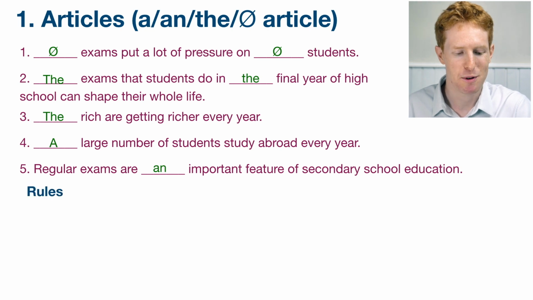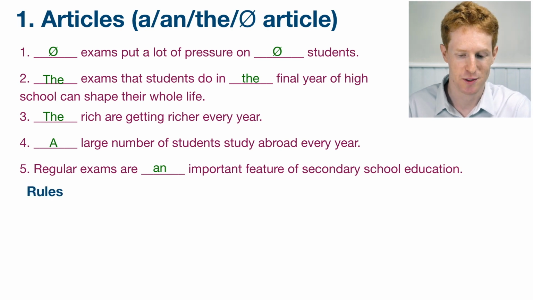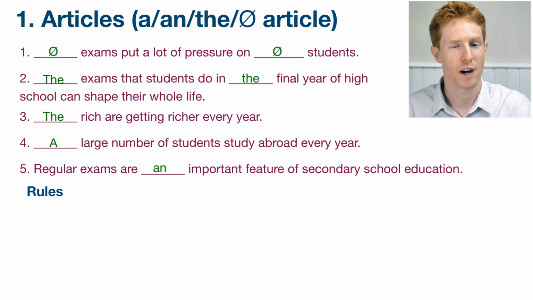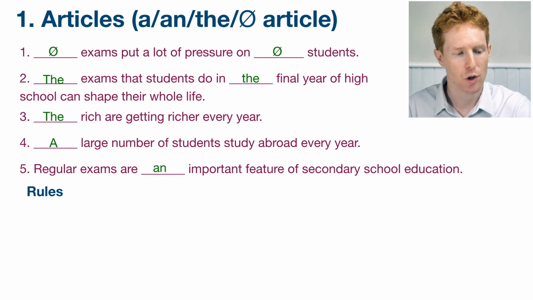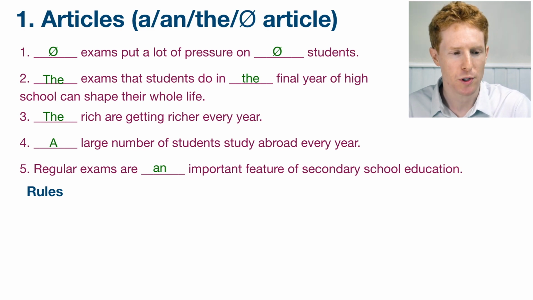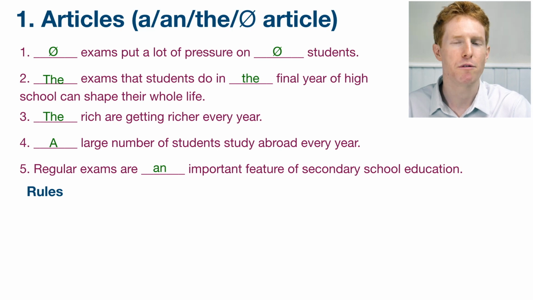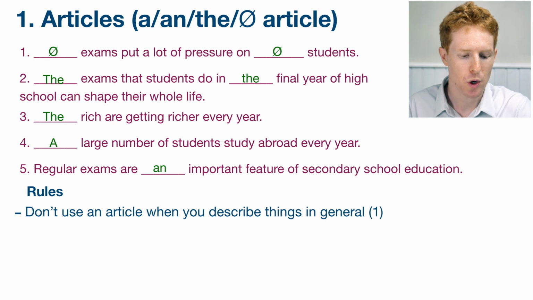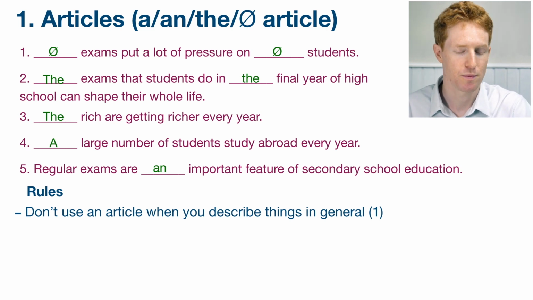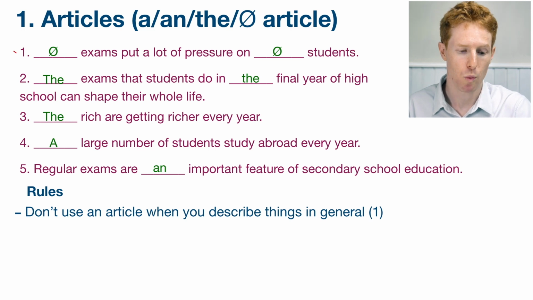Right, let's look at some of the rules for articles in English. And there are a lot of rules for articles, but we're just going to focus on some of the most useful, or at least the rules that will help you avoid these common mistakes. The first one is we don't use an article when you describe things in general. And you can see that in sentence number 1.